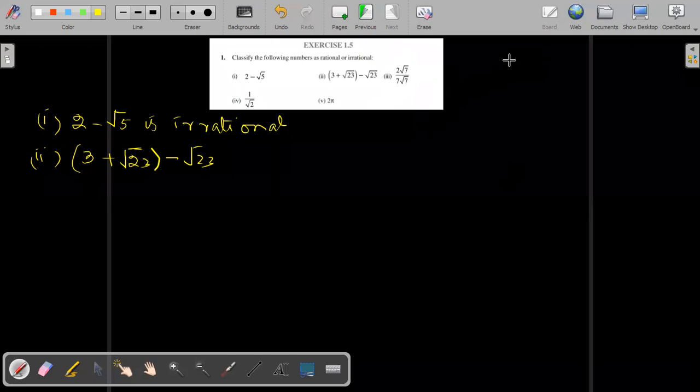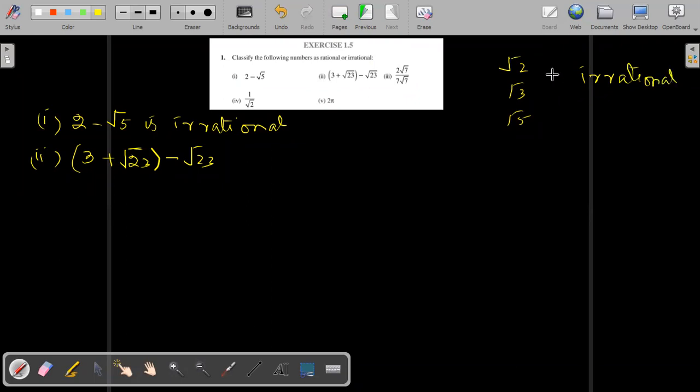We have done it. This one, root 2. What is the value? What is root 2? What is root 3? What is root 5? They all are irrational numbers, non-terminating, non-recurring decimals.